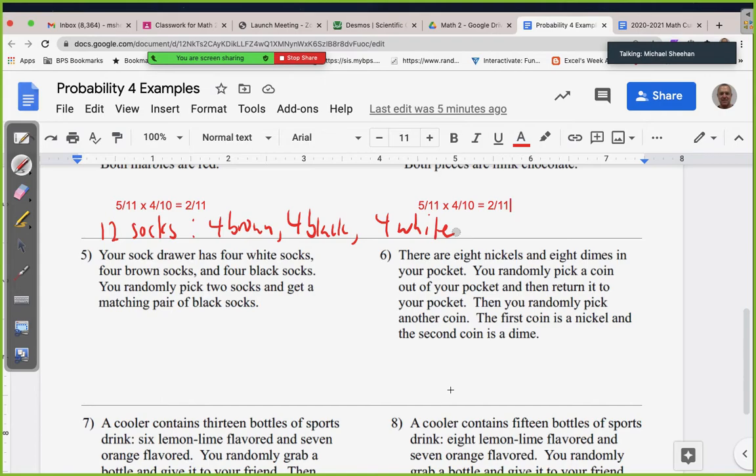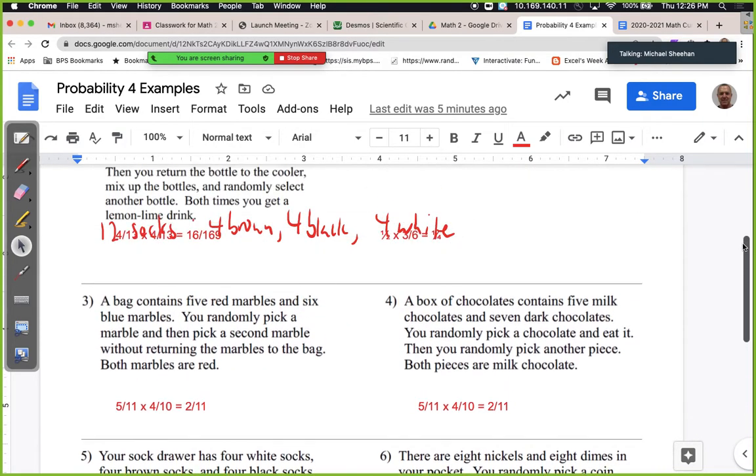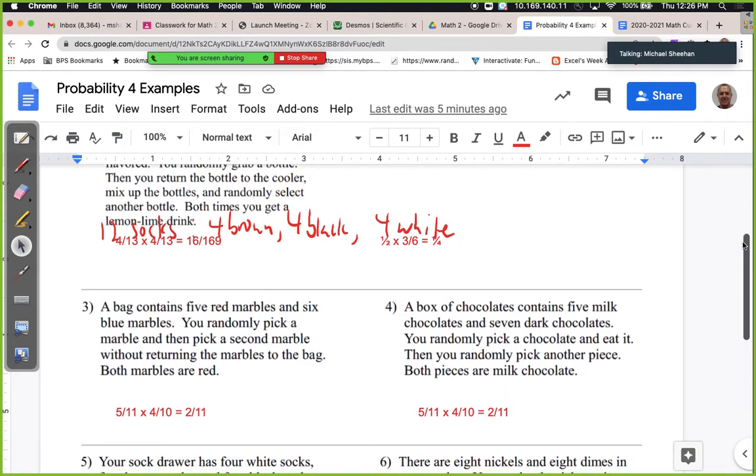Okay, I'm glad you said that because I want you to pay attention. If you do put it back, you'll see language in there. Look at number 1. It says, "Then you return the bottle to the cooler." If it doesn't say you put the first thing back, then you can assume you don't put it back.